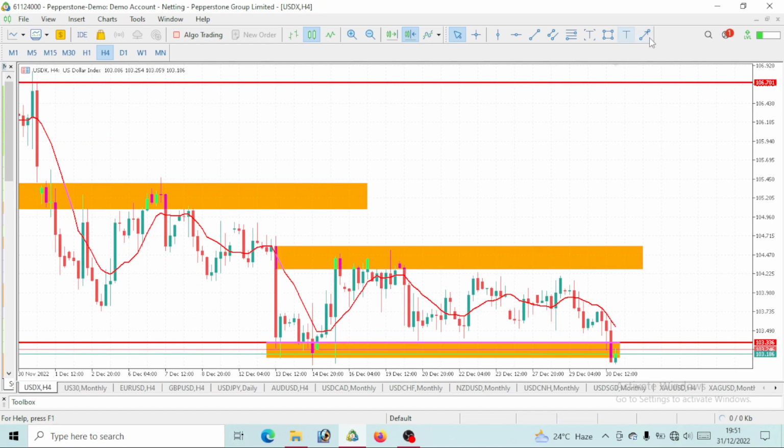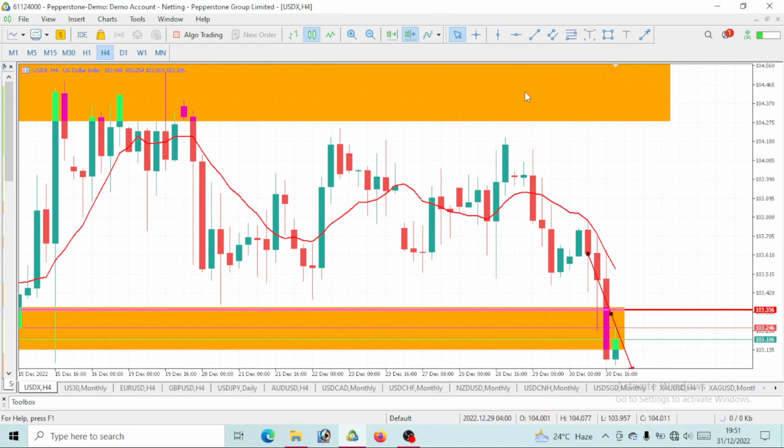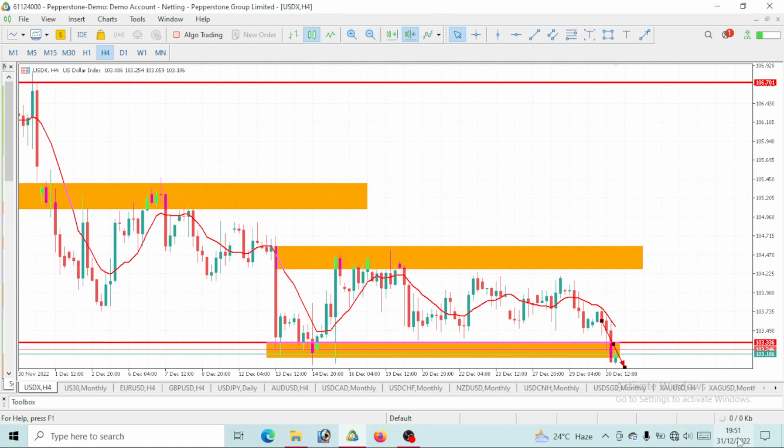Once this DXY starts dropping, as we are having it here, you can see that this price wants to start dropping, so be expecting a bullish move on Euro to USD. But this DXY, we will continue to expect that bearish move. This is what I expect. But in case price does not continue to drop, then we should see it rise up to this resistance level again.